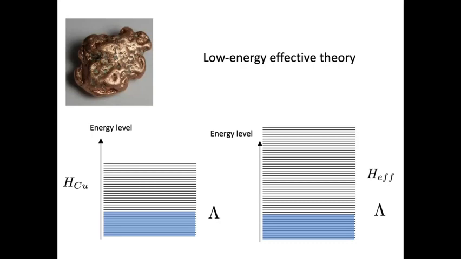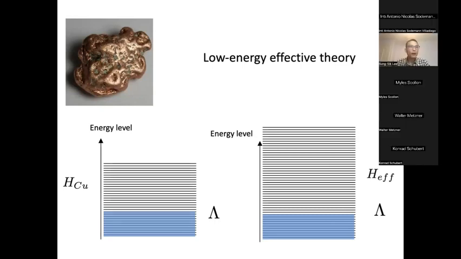But then as we go to the low energy limit, simplicity re-emerges, and often we can capture the ground state and low-lying excitations using rather simple effective theories that can be tractable.